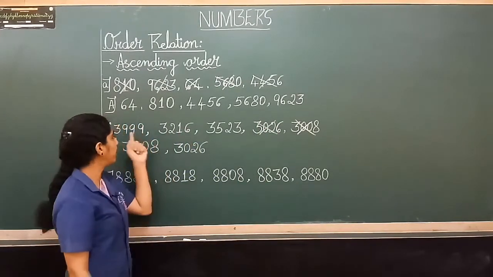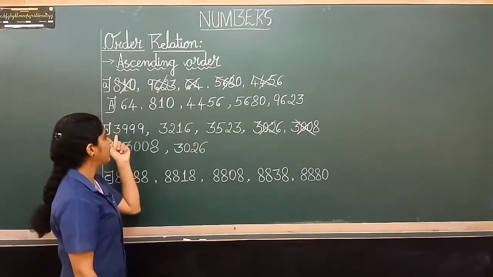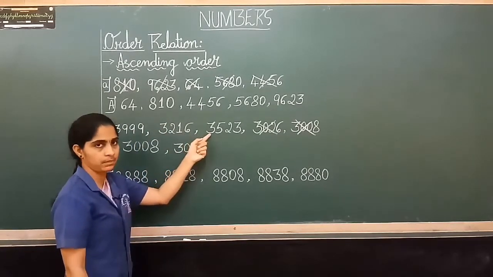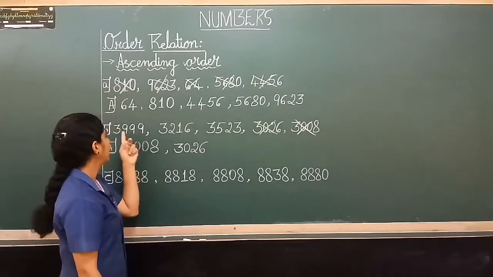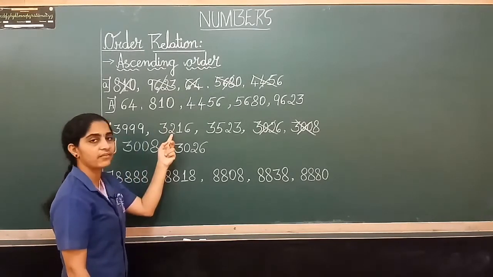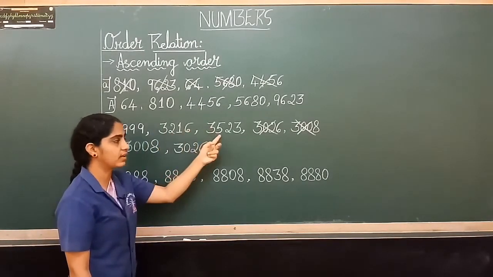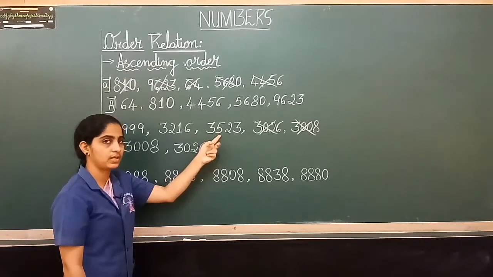Now we have to compare the remaining three numbers. As the first digits are the same, we have to compare the second digits. Here we have 9 in the second digit, here we have 2 and here we have 5. So which is the smaller number?